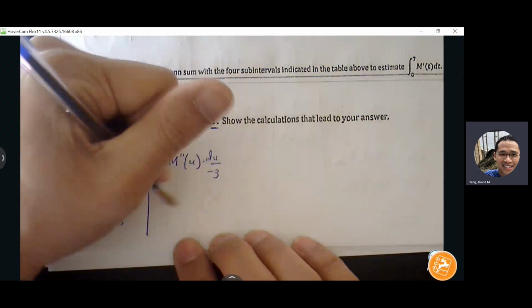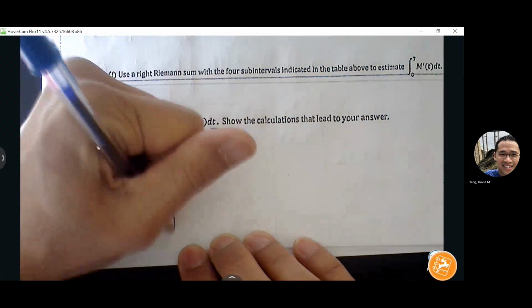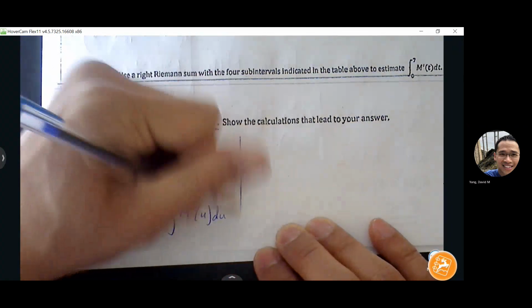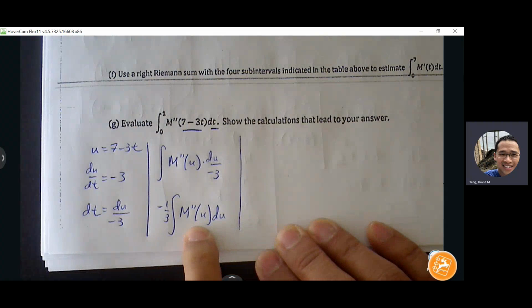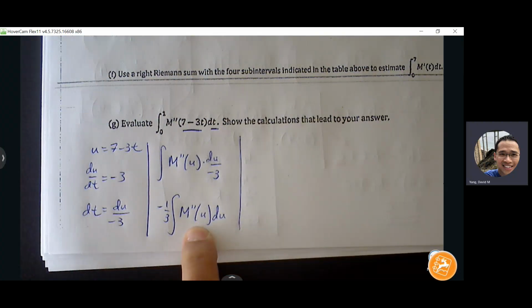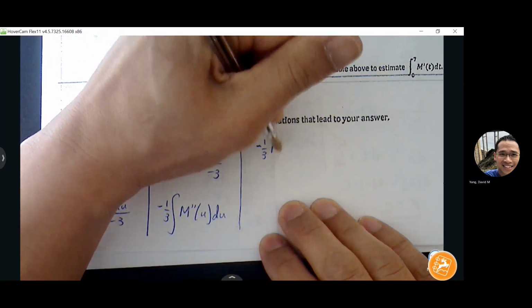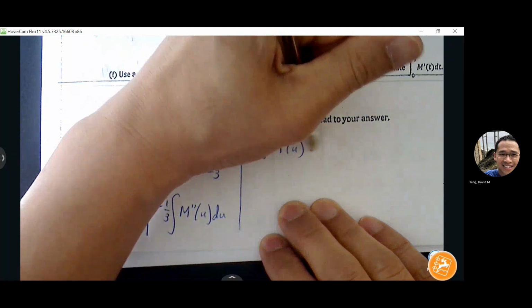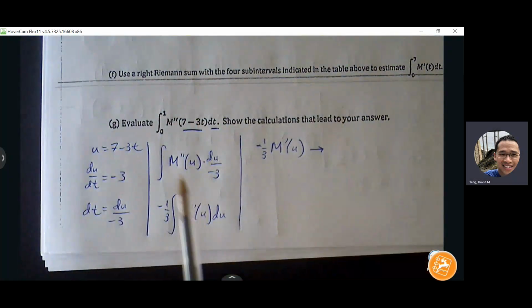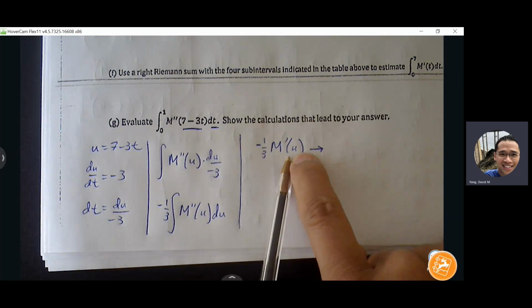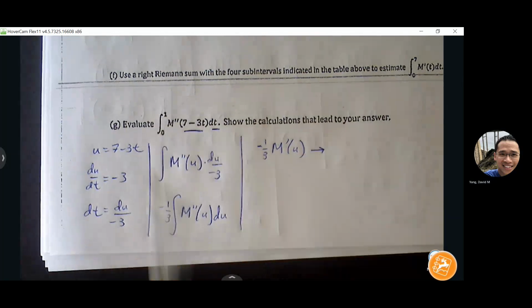I can push that negative 1/3 out in front. So now we can take our calculus step. M double prime is going to rise up to what level? M prime. Okay, so keep that negative 1/3 with it. Now I want to work in the bounds, but I think it's a little bit cleaner if I can bring that U back in terms of t.